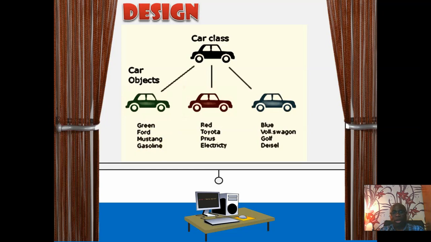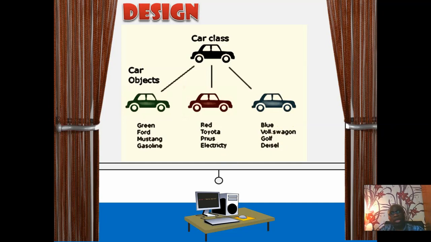Now, if you go further, you see the Toyota. The attributes are red, Prius, and electricity. So the Prius is the model. All those characteristics are the attributes. The same thing goes for the Volkswagen, so that we now understand what we mean by all those key concepts.